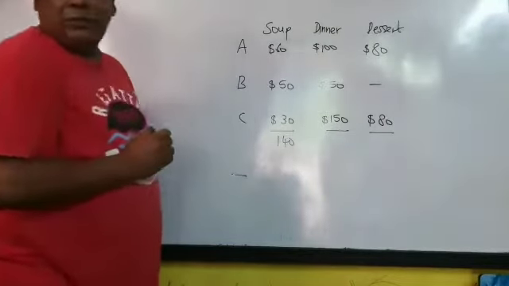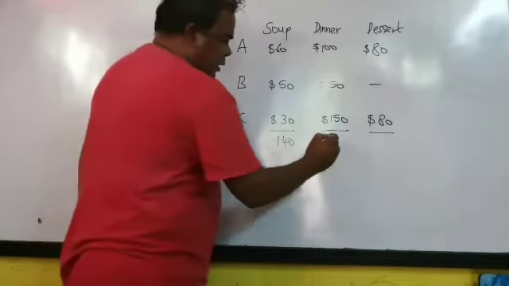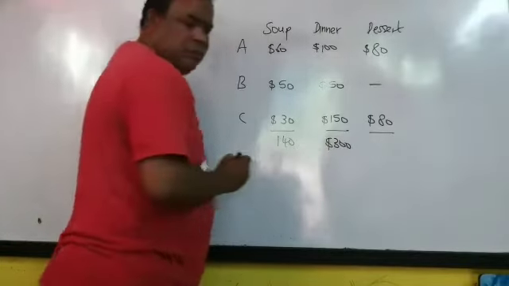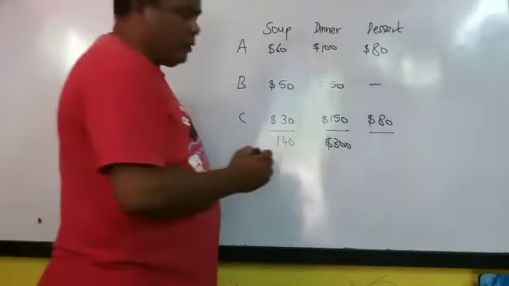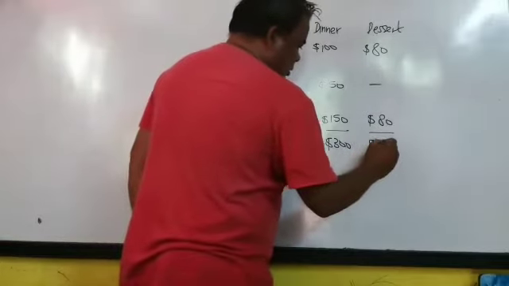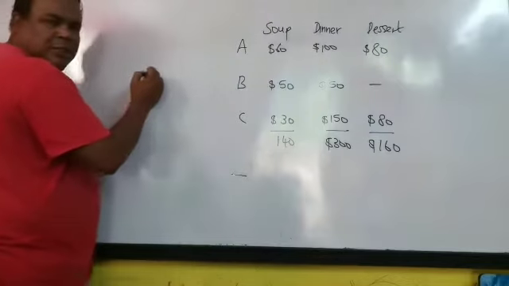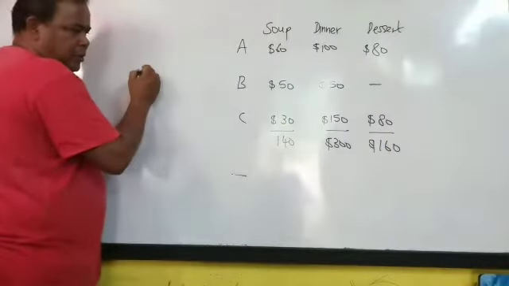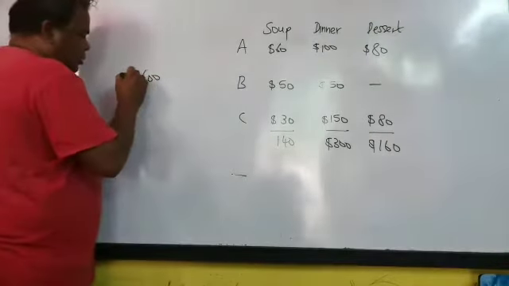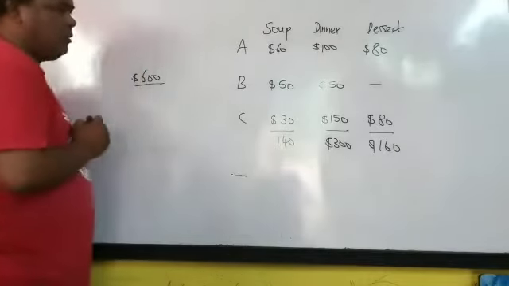For soup $140, and $300 for dinner, and $160 for dessert. So in all they have to pay how much? They have to pay $600. Okay.